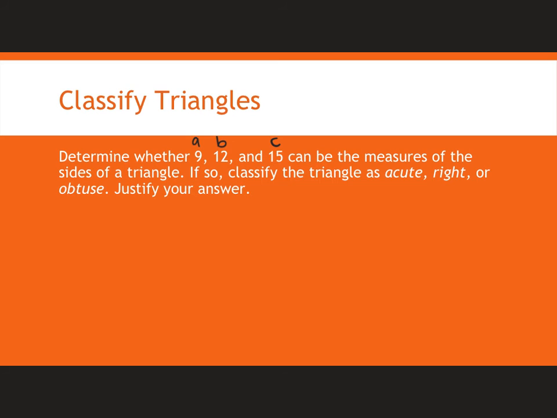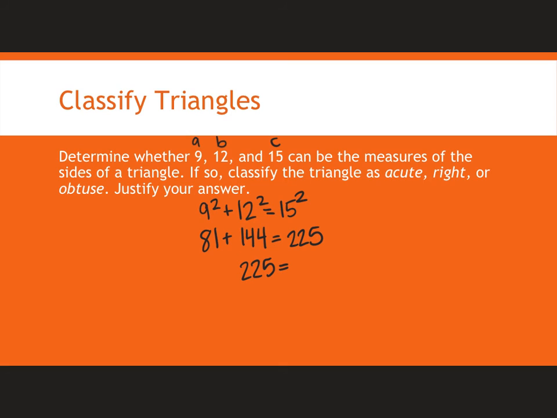I'm going to always start off with just the Pythagorean theorem. So a squared plus b squared is equal to c squared. So 9 squared is 81 plus 12 squared is 144, and that could possibly equal 15 squared, which is 225. So 81 plus 144, and I'm putting it in my calculator because I'm being lazy, is 225.